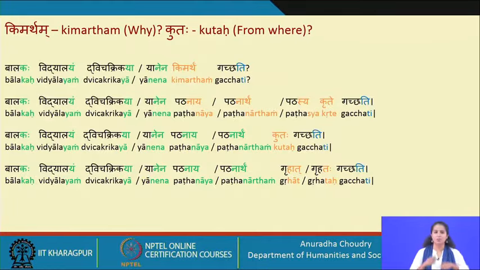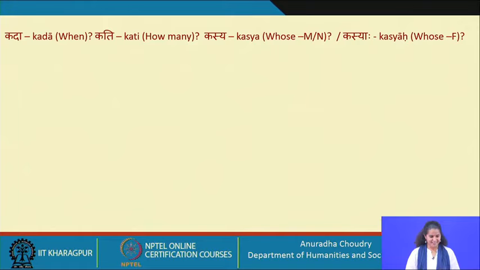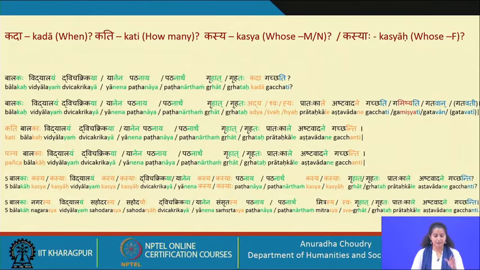Balakaha vidyalayam dvichakrikaya pathanaya grihat or grihataha gacchati. Next, kada, when, or kati, how many, kasya or kasyaha, whose, the masculine neuter or the feminine forms. Now, balakaha vidyalayam dvichakrikaya pathanaya grihat kada gacchati? Balakaha vidyalayam dvichakrikaya pathanaya grihat.